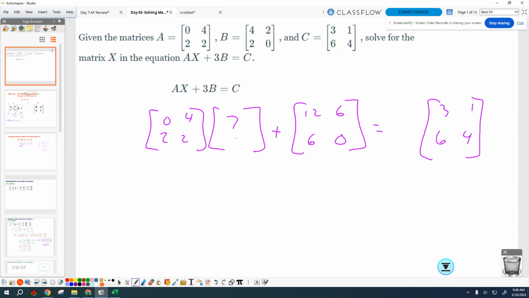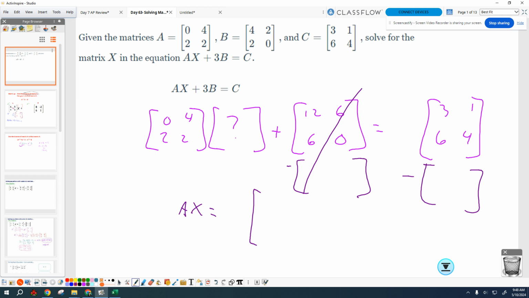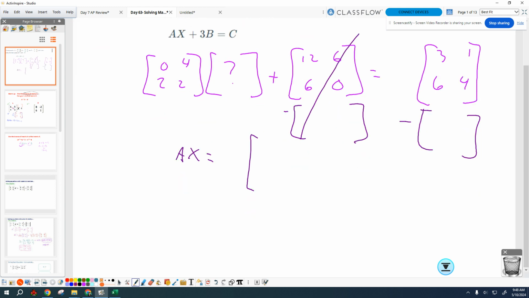First, I would get rid of this box of numbers, so that I'm going to have just A times X over here. Okay, 3 minus 12. Is that the X? Yeah, I want to, alright, maybe I should leave it.